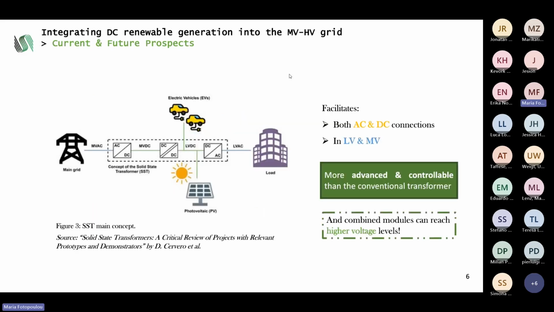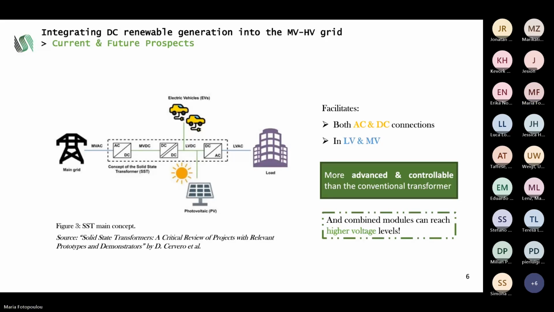So this is the main concept of a solid-state transformer. This is a figure from our joint publication a couple of years ago. It shows that the solid-state transformer does not only facilitate the connection between medium voltage AC and low voltage AC, but it also has medium voltage and low voltage DC links where one could connect DC loads such as electric vehicles and DC sources such as photovoltaics.